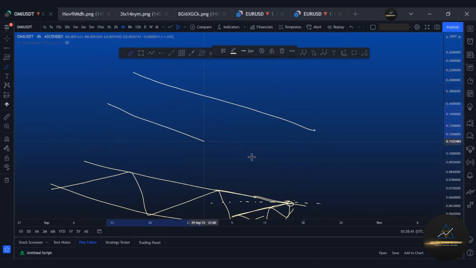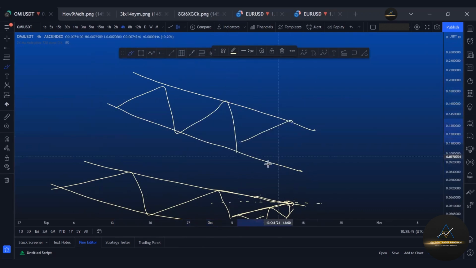So you've got your channel, you've got your 1, 2, and then here there might be another channel forming. So 1, 2, and then there might also be another pattern here. So for example, you may have something like this, right? So you've got 1, 2, and obviously 3.